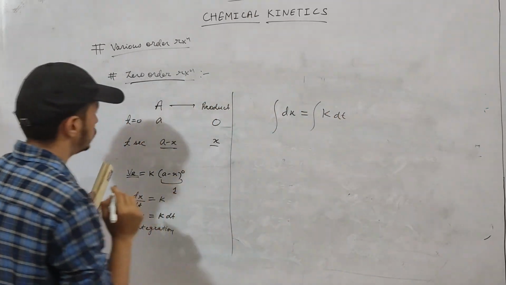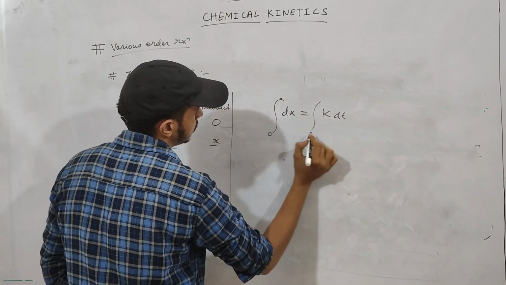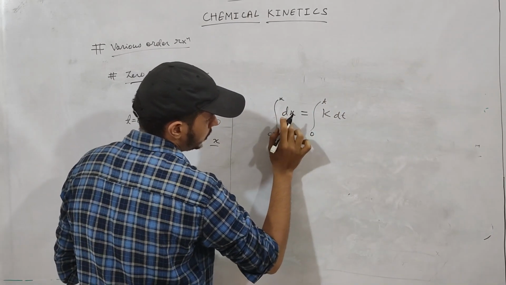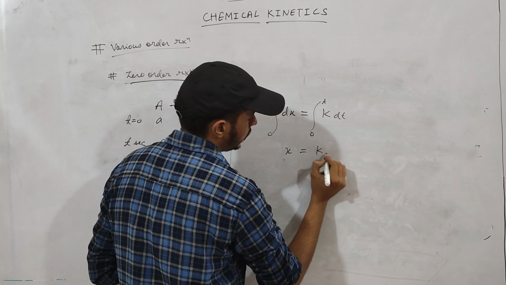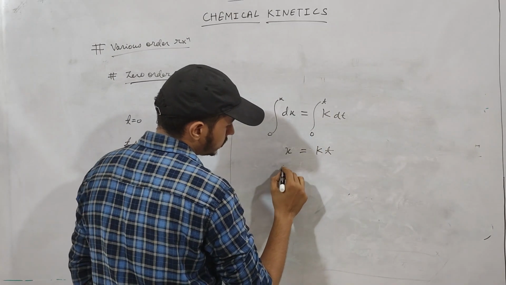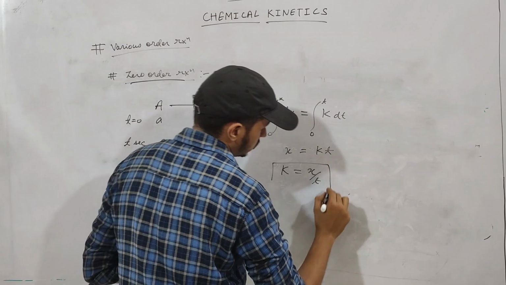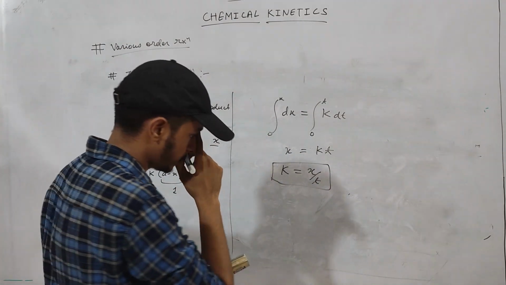On integrating, x from 0 to x and t from 0 to t seconds, dx will become x and it will become kt. On further solving, k equals x upon t. This is the formula for the rate constant of a zero order reaction.